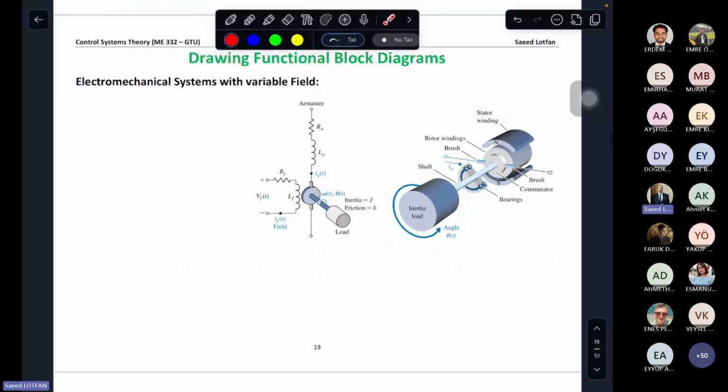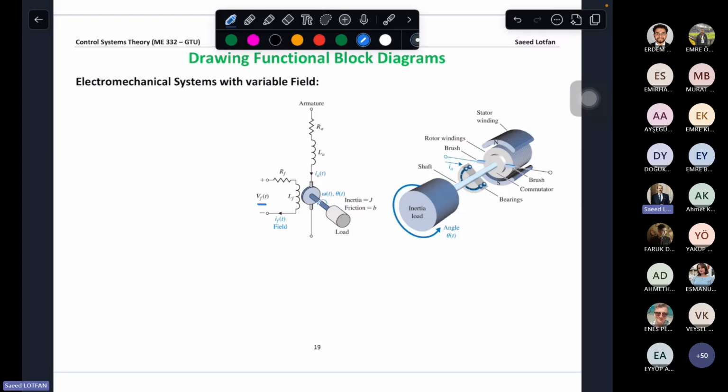The second kind of electromechanical system is variable field. In this case, the voltage input is going to the field of electromagnetism.